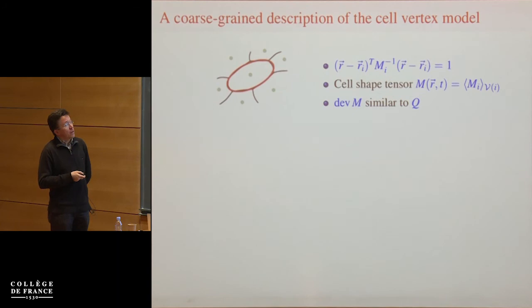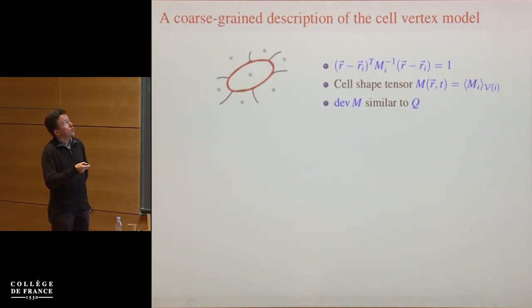So the starting point is microscopic, in a sense. So the microscopic scale here is the scale of one cell. One cell can be fitted by an ellipse. And the equation of an ellipse is a polynomial in the coordinates.